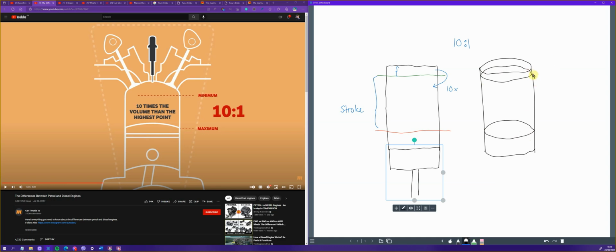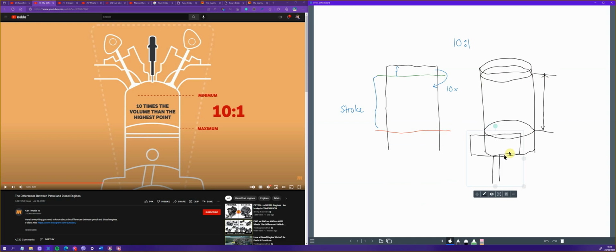Ngayon, itong haba niyan, ayan yung stroke mo. So, this is the distance traveled by your piston from your bottom dead, yung pinakamababa niya, up to the highest top dead.